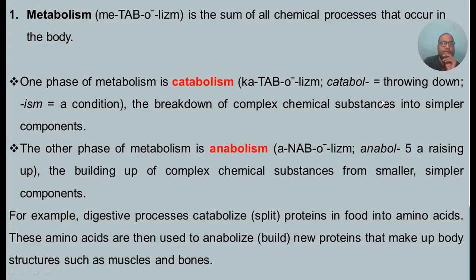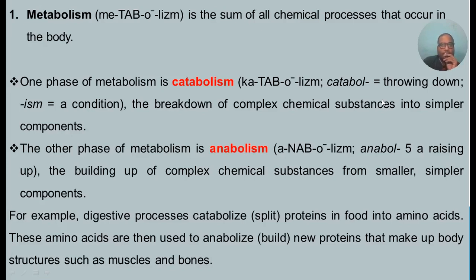When there is a complex macromolecule which is going to be broken down into simpler form, like there are carbohydrates, proteins, fats, lipids, or you can say nucleic acid. These are all macromolecules. When they catabolize, they are broken down into their simpler form, like carbohydrates are catabolized into simpler form, that is glucose, fructose, maltose.